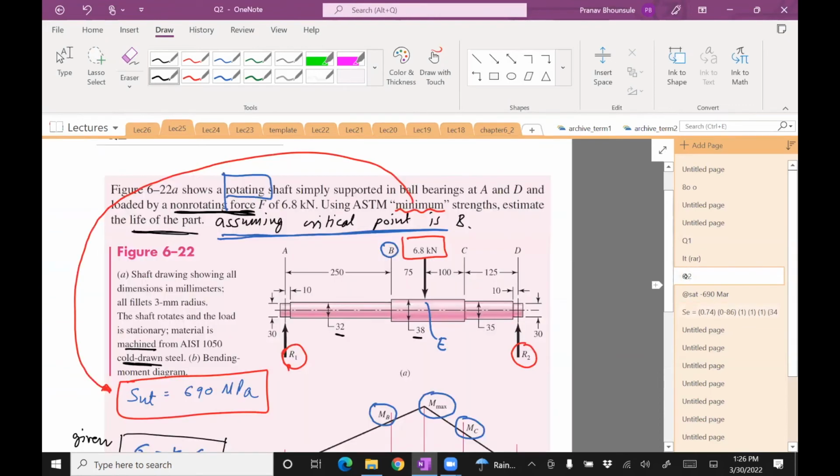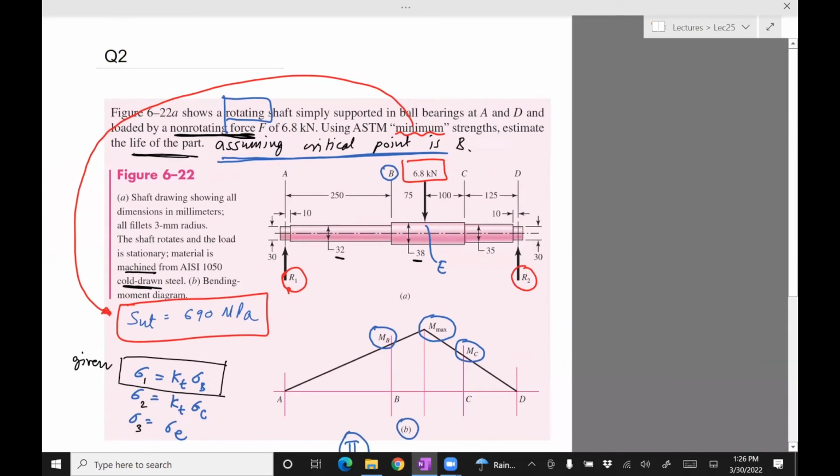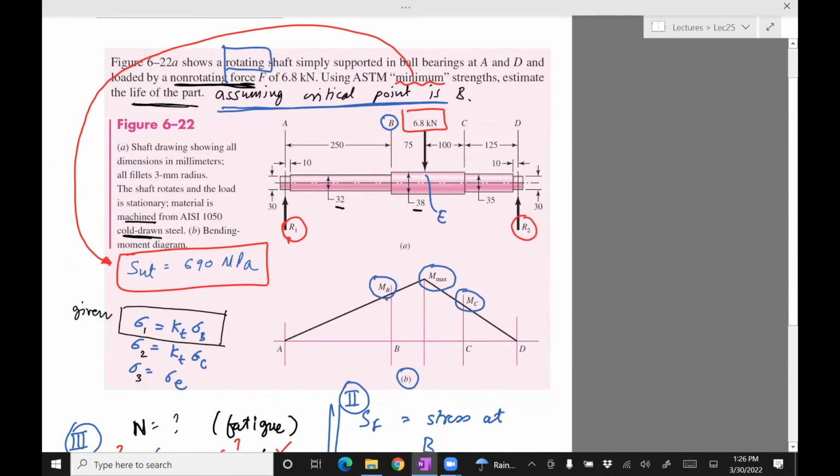Okay, for that I need to take a look at the figure and redraw this figure in order to compute MB. So there's only one load, 6.8 kilonewton, and the distance, this is what I would need. This is 250 plus 75, which is 325.